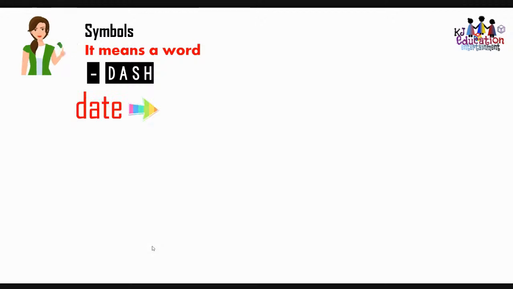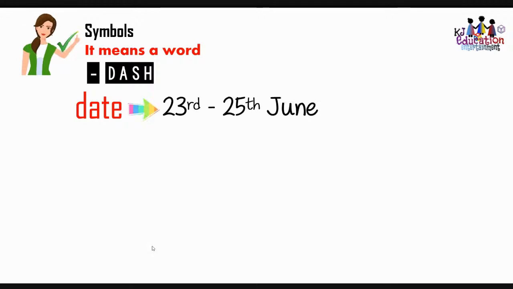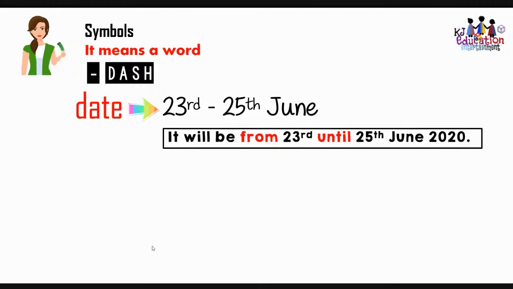Okay. Now, for example, date. When you see a dash in a date, for example, 23rd dash 25th June, what do you think the dash means over there? Exactly. It actually means it will be from.